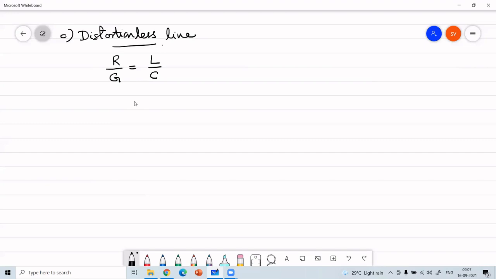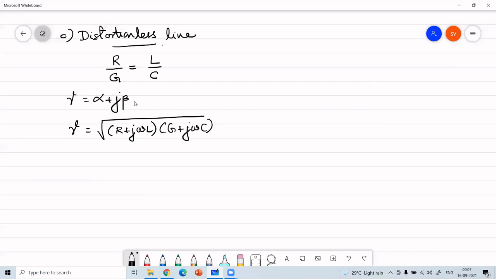Now let us try to derive the expression for the propagation constant in the case of a distortionless line. That is, gamma is equal to alpha plus j beta, which is again equal to the square root of (R plus j omega L) into (G plus j omega C).